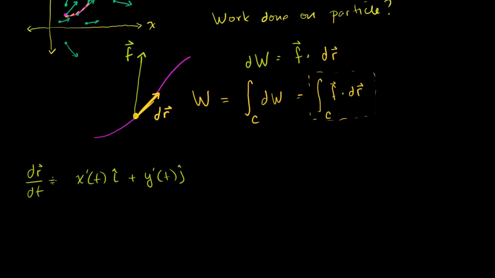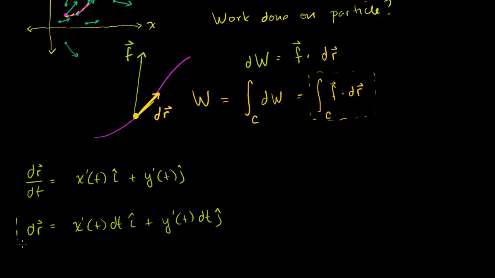And if we just wanted dr, we could multiply both sides, if we're being a little bit more hand-wavy with the differentials, not too rigorous. We'll get dr is equal to x prime of t dt times the unit vector i, plus y prime of t times the differential dt times the unit vector j.